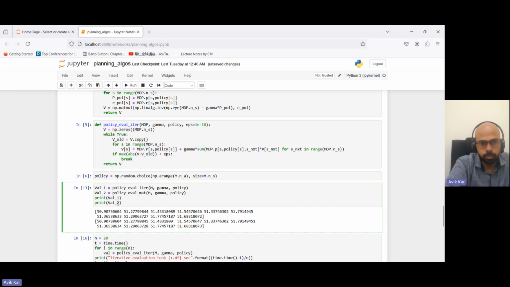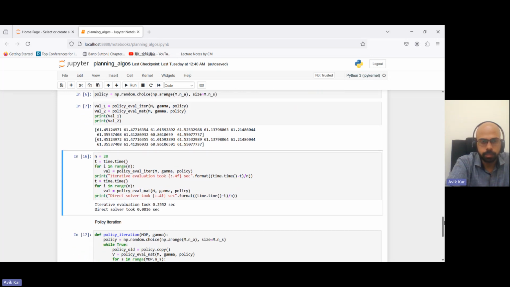So I'll print these two. Let's see if they're giving the same. They're giving exactly the same thing. Maybe there will be some difference in decimal places after 6 or 7, because one is very accurate and the other is iterative. However, we want to compare these two algorithms based on how much time they take.